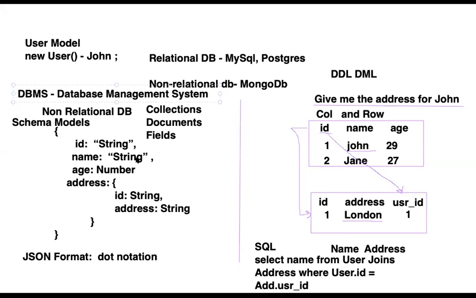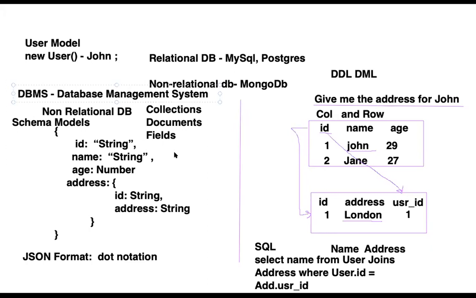How should MongoDB understand my instruction? I send this instruction to the database like normal code, like the JavaScript we wrote in Node.js, with which we fetched the address of John, but the database will not understand that language. The database won't be able to understand that.